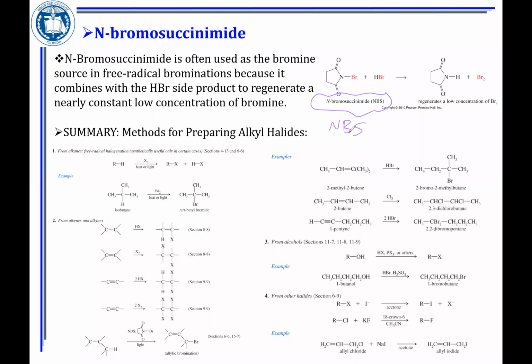And the example of that we had on the previous slide. So if you add that to this molecule, the only position that would take the bromine would be the allylic position. So this position is going to be brominated.